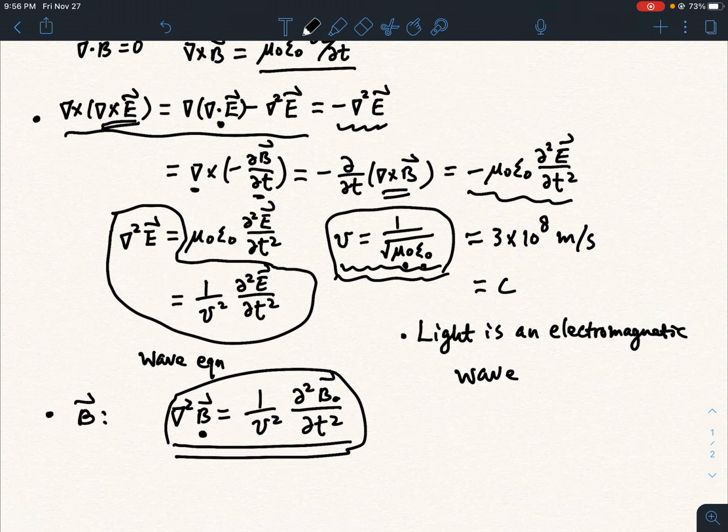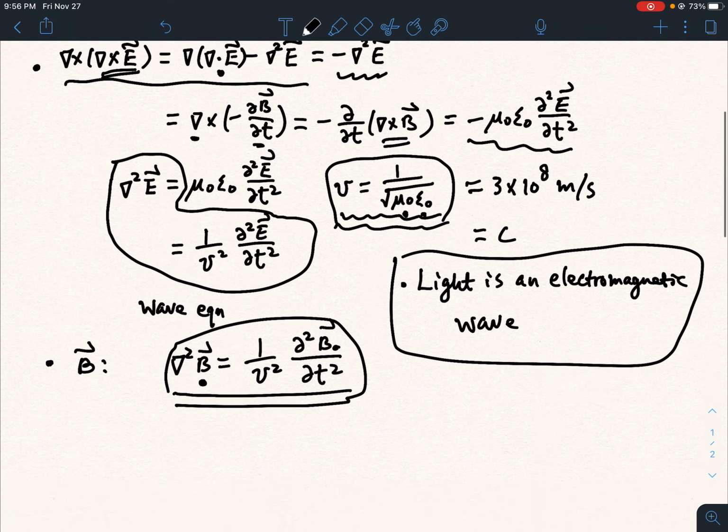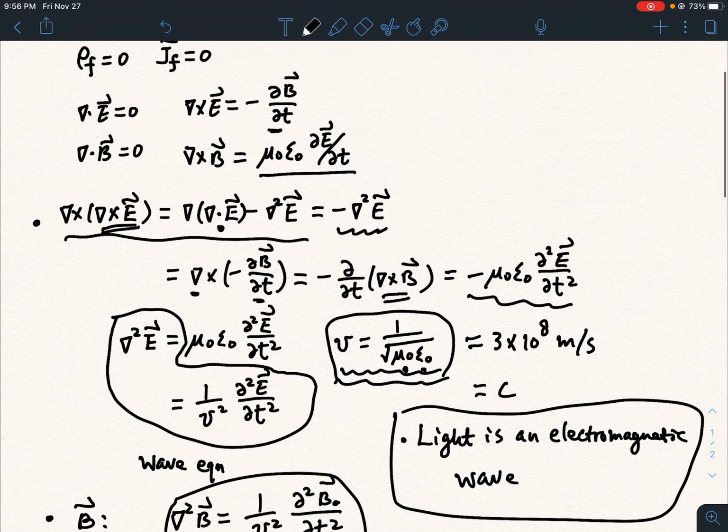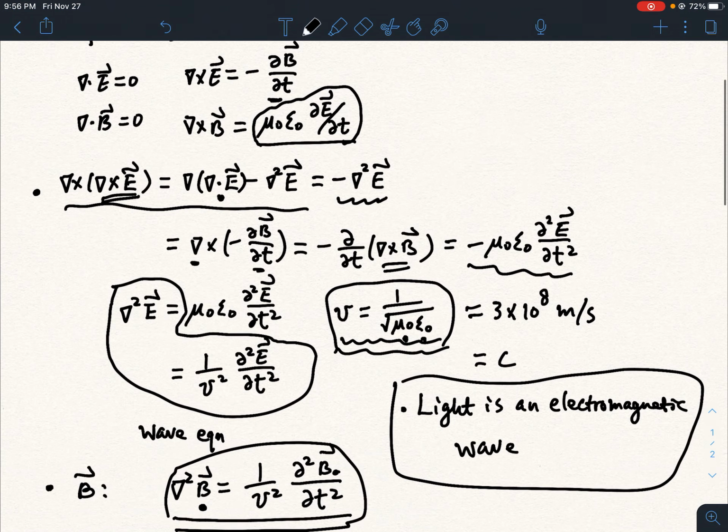Okay, so this is a very important prediction, and you can see that this prediction mainly comes from the displacement term that Maxwell added. If there were no such term, then E and B would not really satisfy a wave equation.